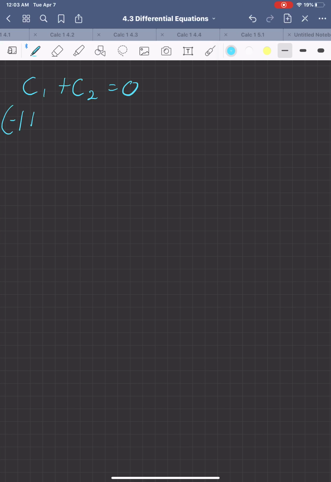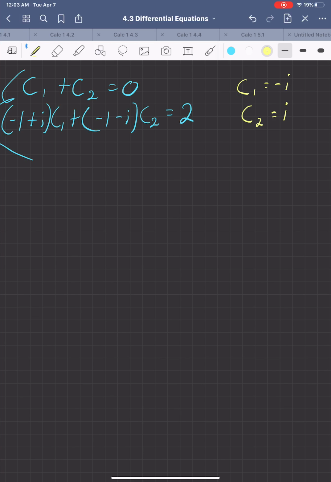Negative 1 plus i c sub 1 plus negative 1 minus i c sub 2 is equal to 2. So there's your system. Solve your system, you end up with c sub 1 is equal to negative i, and c sub 2 is equal to positive i.